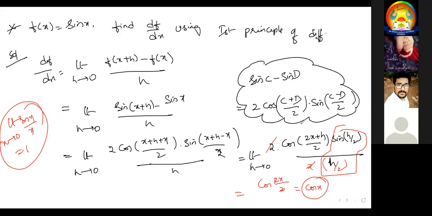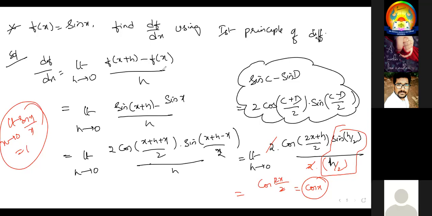Now what are the things we studied? Copy it. Enough. So now what are the things you studied? First one today, f dash of x.